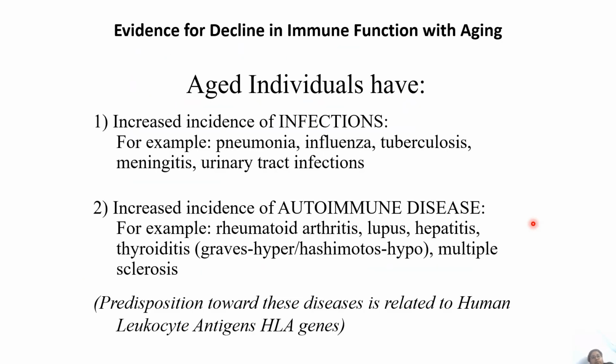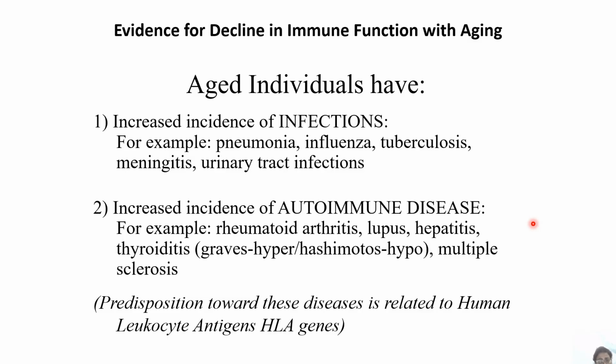Now we have talked about the evidence of decline in immune function with aging. As we have talked about, aged individuals have increased incidence of infections like pneumonia, influenza, tuberculosis, meningitis, urinary tract infections.